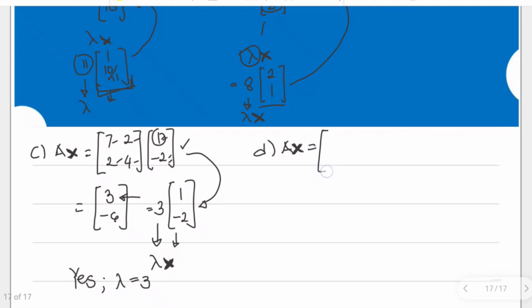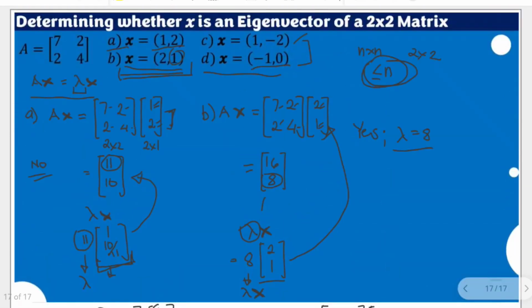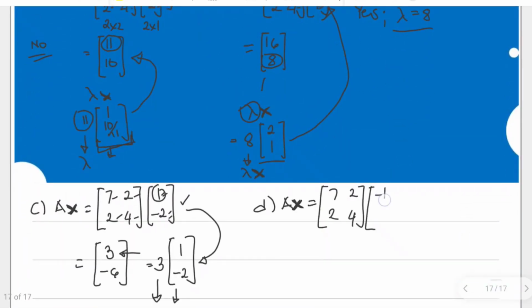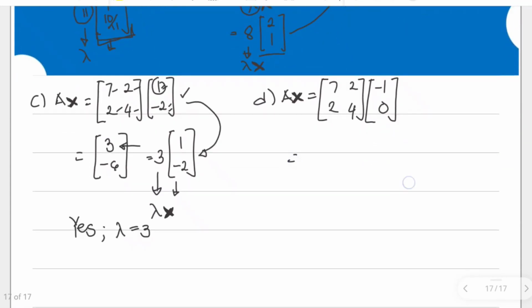Is equal to 7, 2, 2, and 4 to be multiplied with your vector here, negative 1 and 0. So the product of this, 7 times negative 1 is negative 7. 2 times 0 is 0, negative 7. And then 2 times negative 1 is negative 2. 4 times 0 is 0, so you will have negative 2.